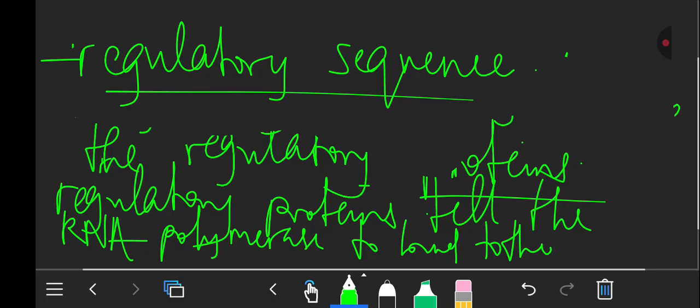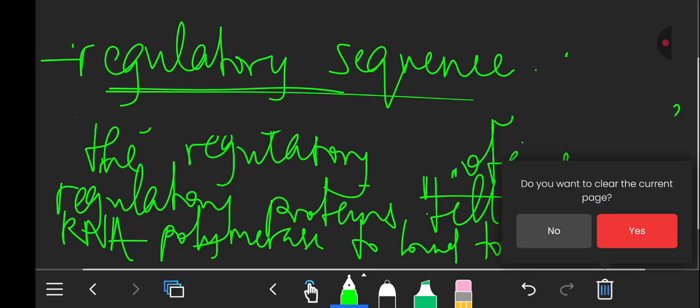The regulatory protein is the one which is able to tell this RNA polymerase to bind to the regulatory sequence. Because when RNA polymerase does not bind to the regulatory sequence, there won't be any production of proteins. It is until it binds to the regulatory sequence that it moves and transcribes whatever genes have to be transcribed.